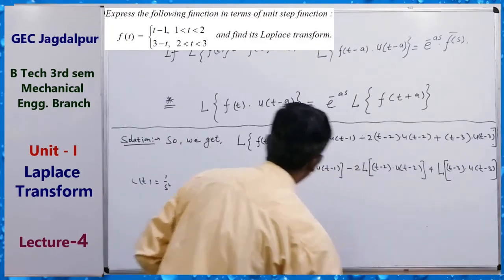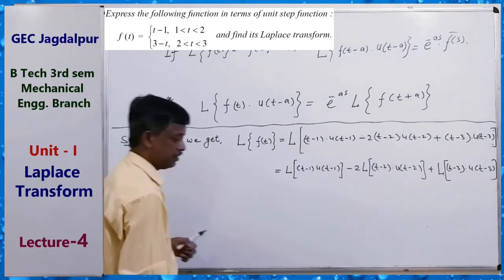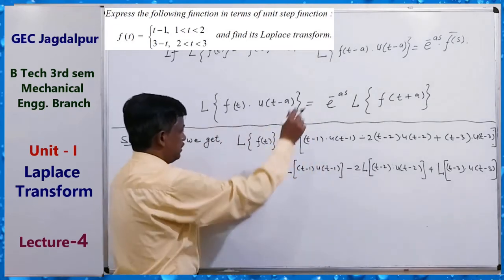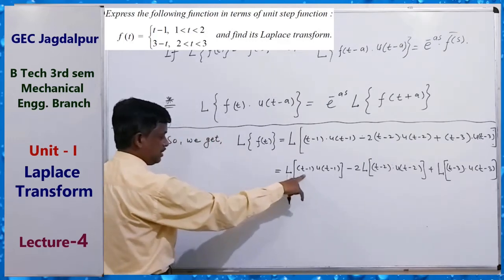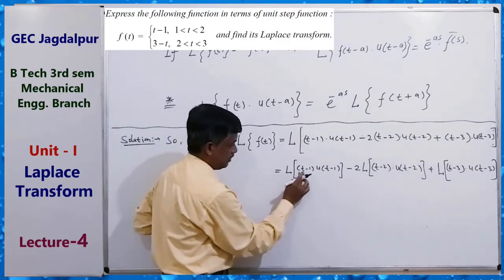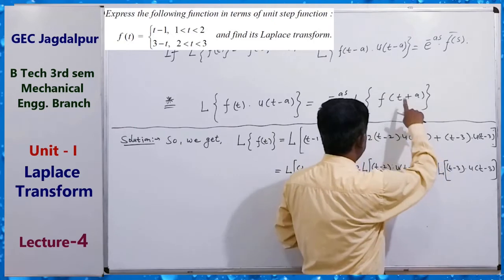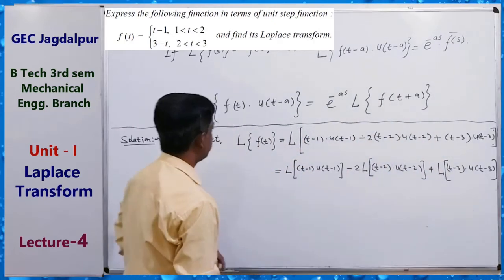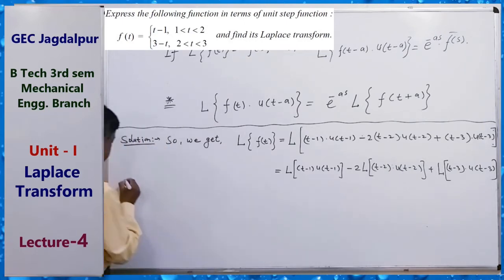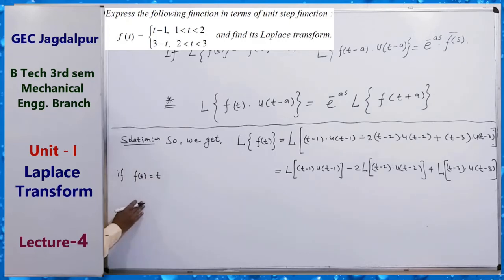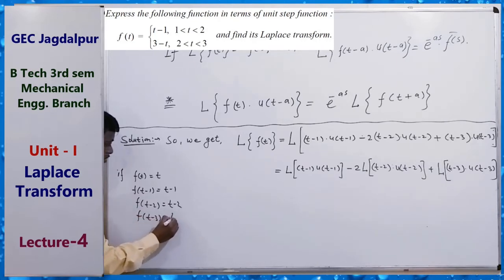So here, for the first part, you can take this formula. If f(t) equals t, then f(t minus 1) equals t minus 1, f(t minus 2) equals t minus 2, and f(t minus 3) equals t minus 3.